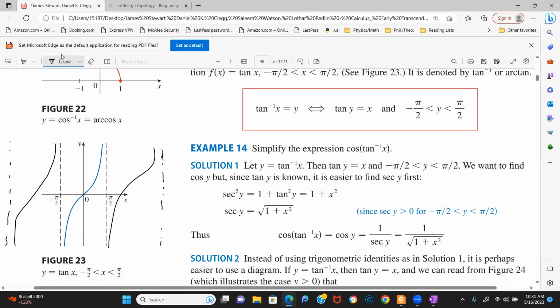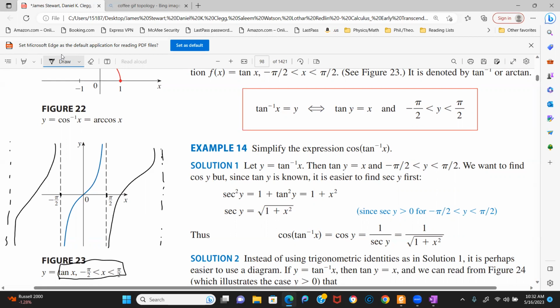And then it goes like this, and then you get another asymptote here. So clearly the tangent function graphed on the whole real line, or on its whole domain, is not injective. But if you consider tangent restricted to this domain right here, between the two vertical asymptotes at negative pi over 2 and pi over 2, you can see that it's going to pass the horizontal line test.